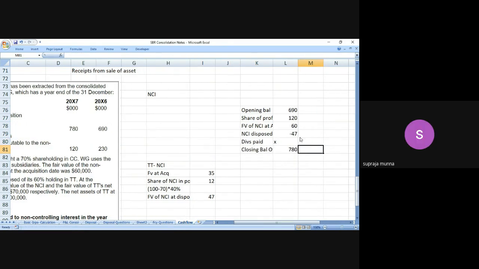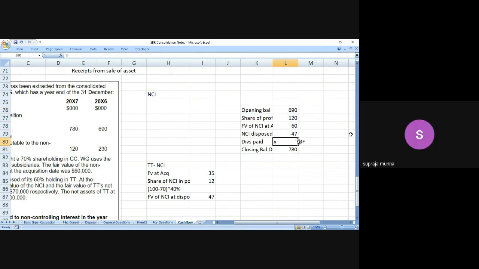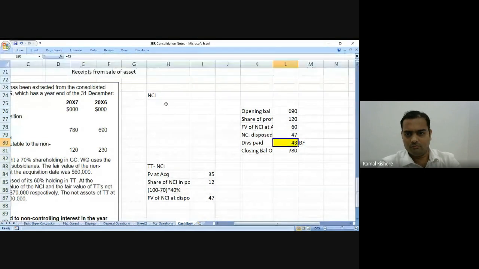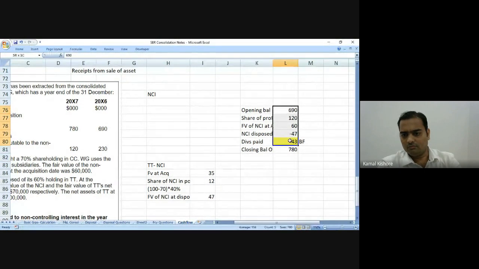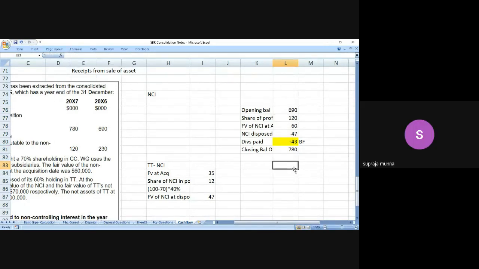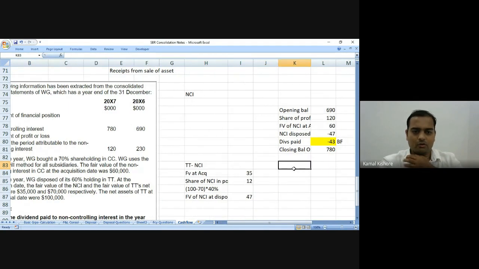The dividend paid will be the balancing figure, which will be 823 minus 780, which is 40. Getting it? A good understanding of NCI is important to work out these questions.